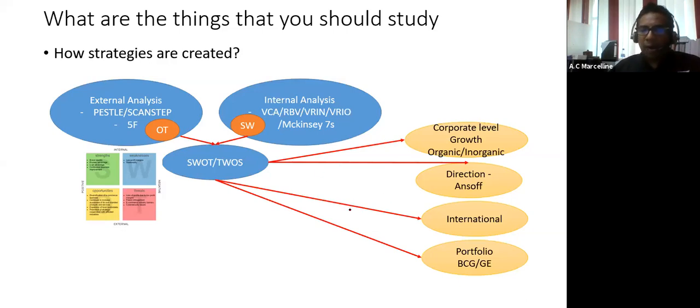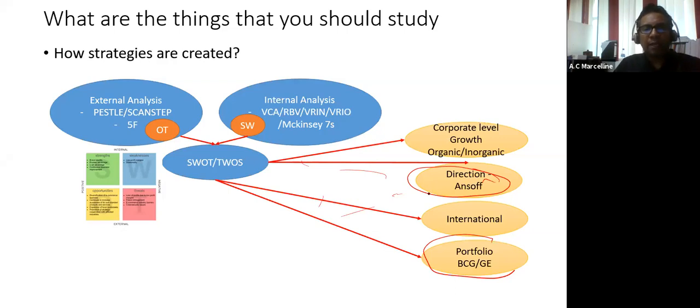So what I would suggest is this area is going to be quite important. You need to have a look at it very carefully, and you also need to know thoroughly about the Ansoff matrix, because that's where you're going to create strategies with the help of the SWOT and the TOWS matrix.